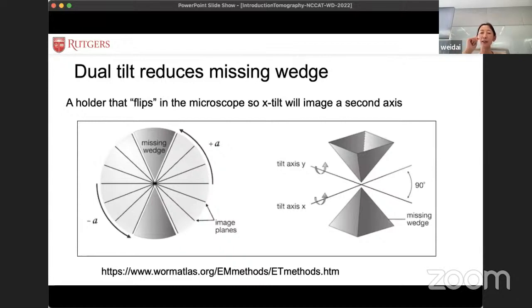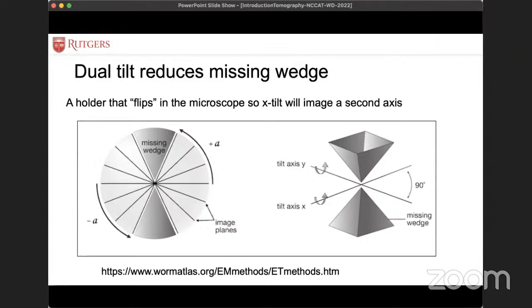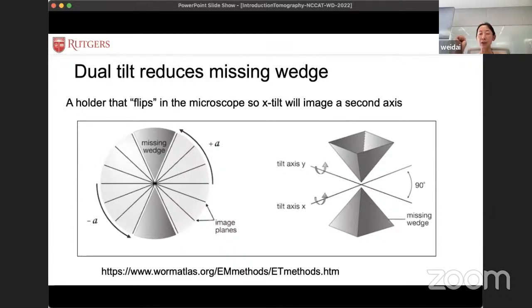But the problem is, as I mentioned, you have a total dose tolerance for your sample, right? In single tilt, let's say you're taking 40 images, you divide the total dose by 40. So each image will have 2.5% of the total dose. But when you do double tilt, you have to save half of the dose for the second tilt.